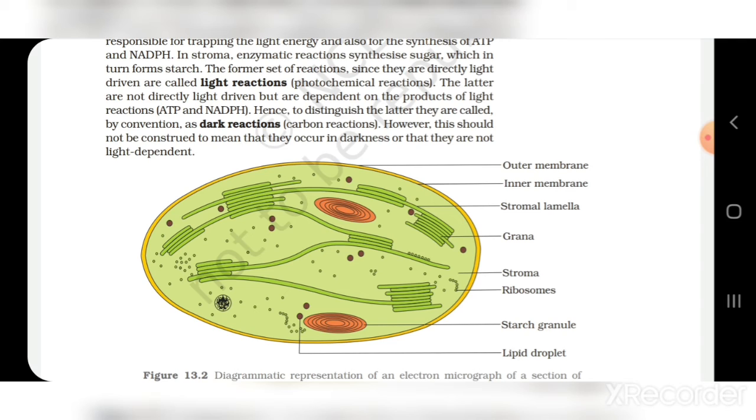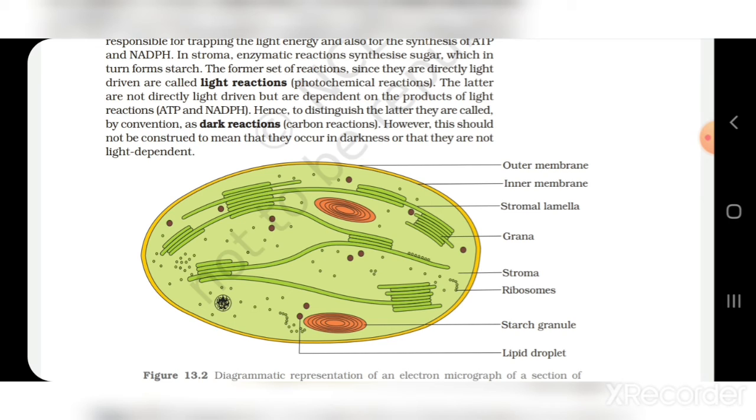In the membrane of the thylakoids, since the photosynthetic pigments are clustered together, they form a photosystem. There are two types of photosystem formed here, PS1 and PS2, where the photochemical reactions take place.